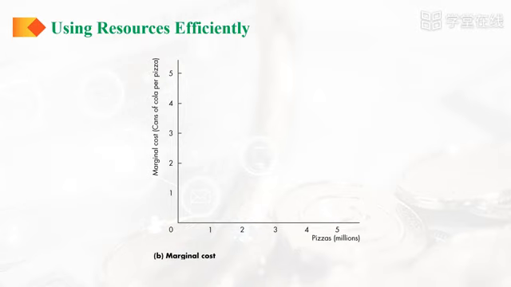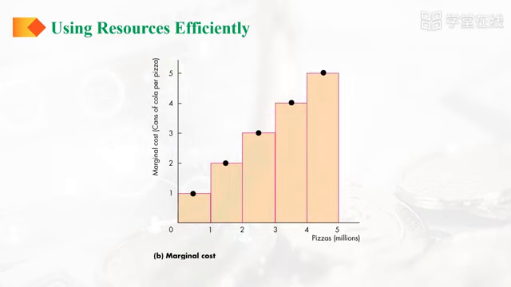Next, find the opportunity cost of each additional pizza, the marginal cost of a pizza. The marginal cost of a pizza increases as the quantity of pizzas produced increases.